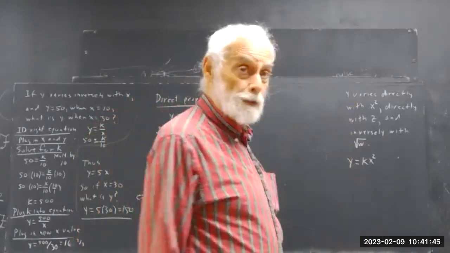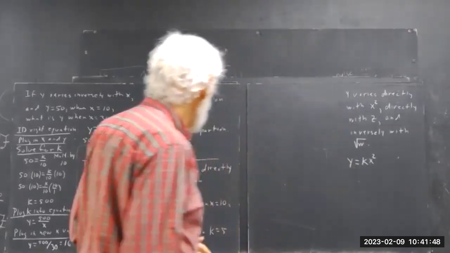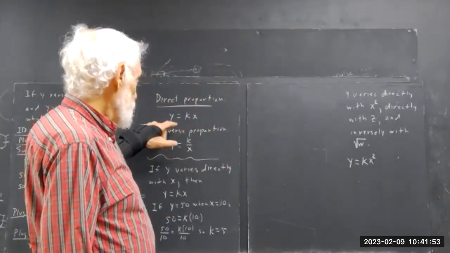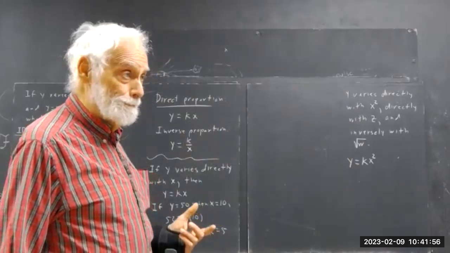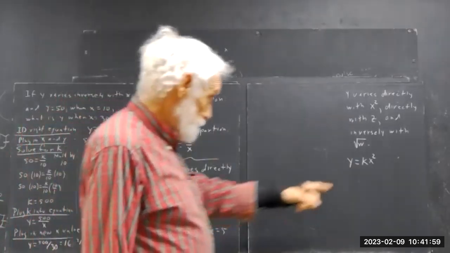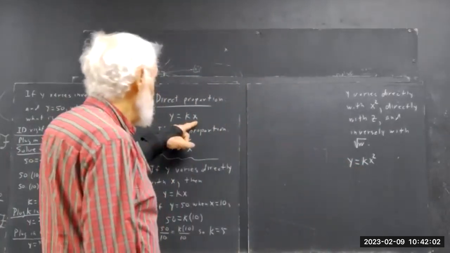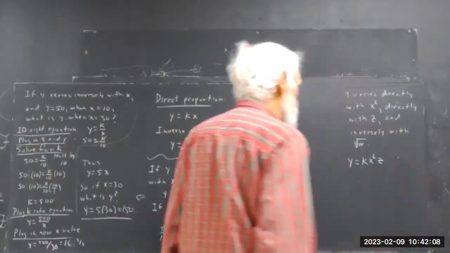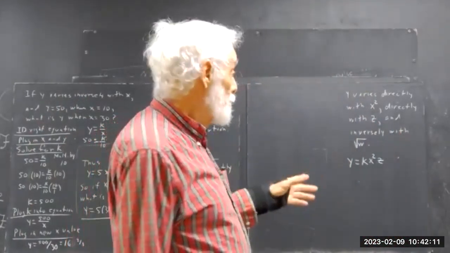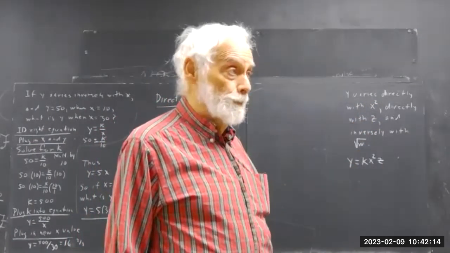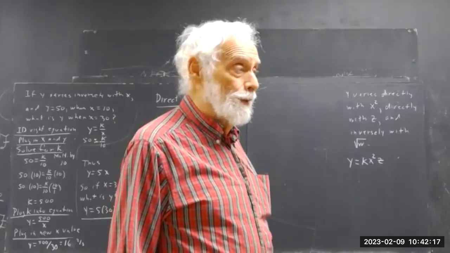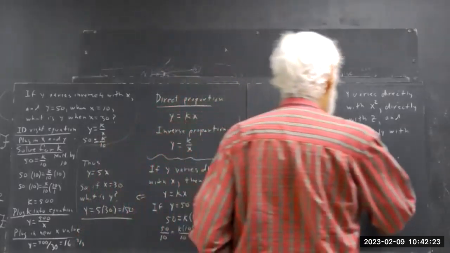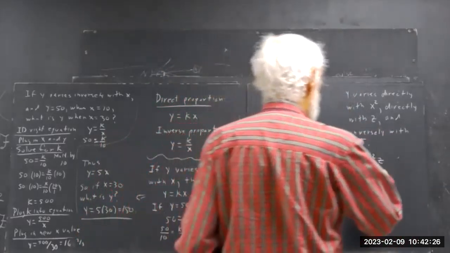And also directly with Z. Well, if Y varies directly with Z, if it didn't vary with X squared and the square root of W, you'd write Y equals KZ, right? Now we've already got K here. Z would go in the numerator. Put Z in the numerator, okay? It's still direct with Z. Then inversely with the square root of W. Inversely means you're going to divide.